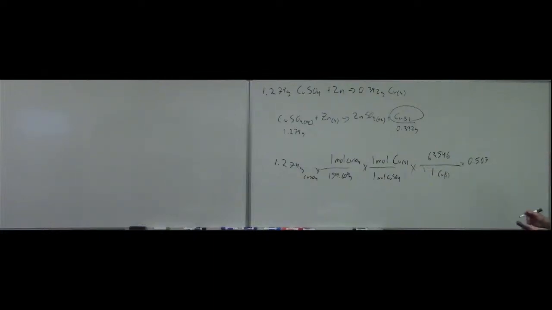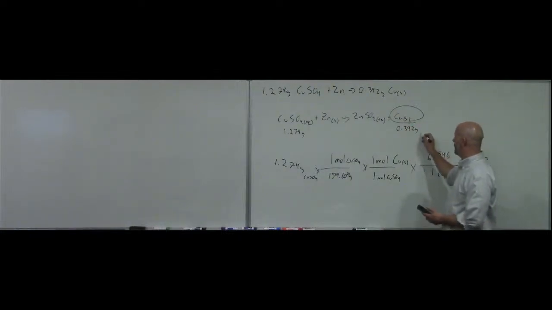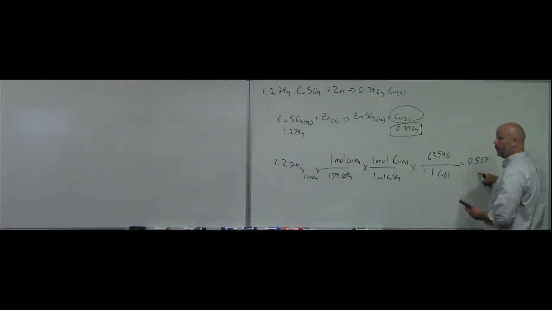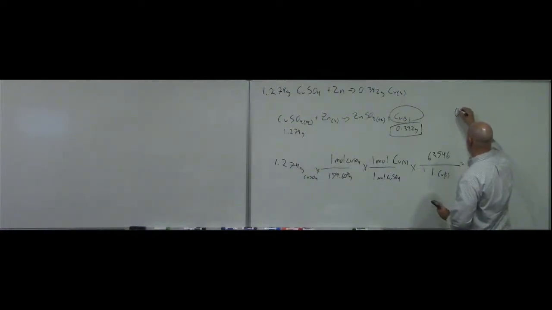Point 507? Okay. So now to get my percent yield, I take what I actually got, divide it by my hypothetical, and multiply by 100. So I get 0.392 grams over 0.507 grams.